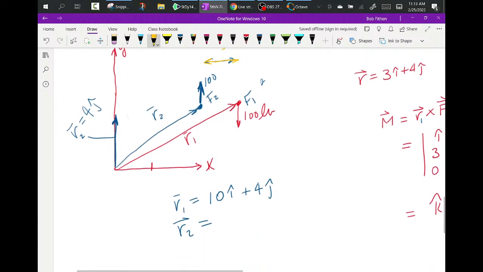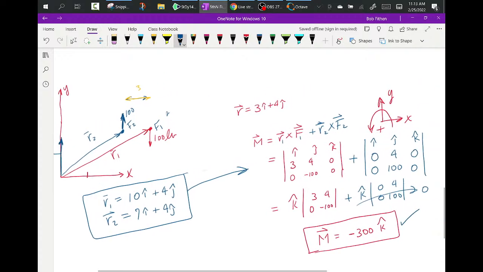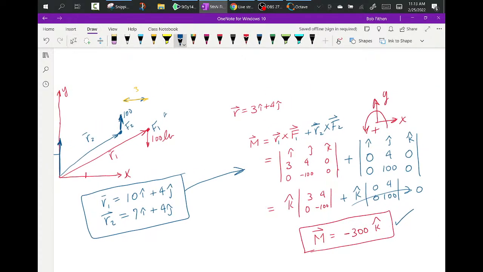So I'll maintain that distance of 3 from this point to this point. So if that's the case, then this is 7i, and it's still at the 4j. So now my forces did not change, but my r's did. So let's move out here, and we realize we need to change this one, we need to change that one.